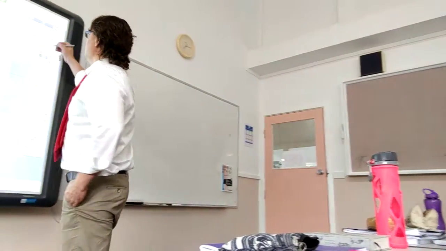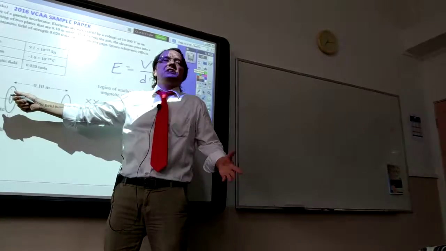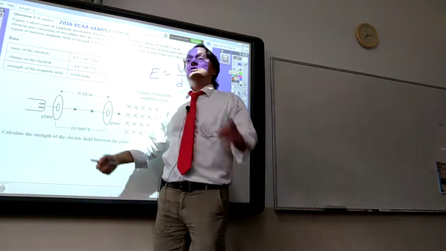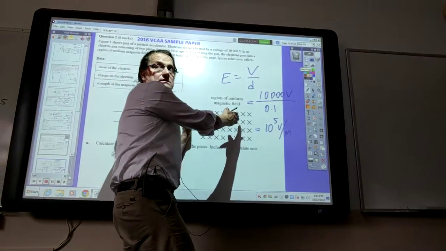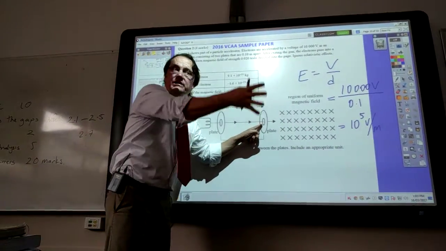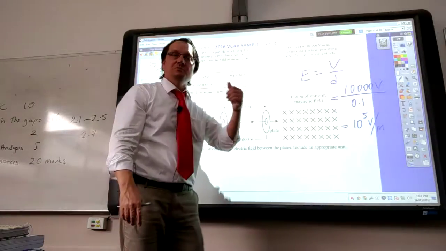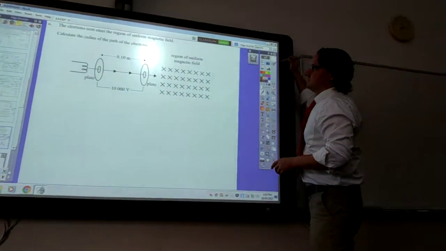Yes. In this setup, the initial velocity is 0 because you heat them up. But you can actually have another set of plates, and the ones here can be accelerated. Then the initial speed won't be 0. But I don't think they will make it that hard.